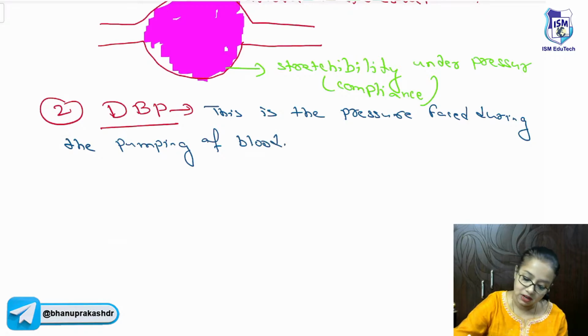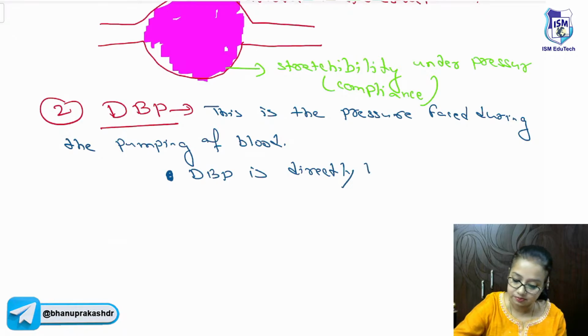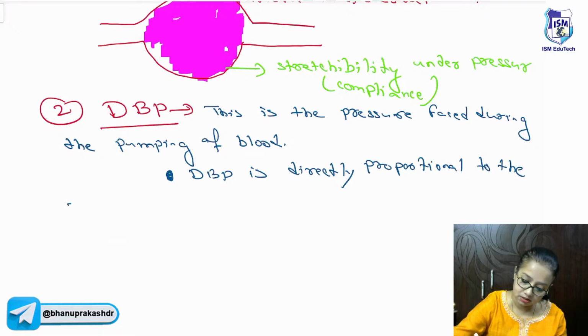Okay. Now, the factors that affect diastolic blood pressure: it is directly proportional to the total peripheral resistance.